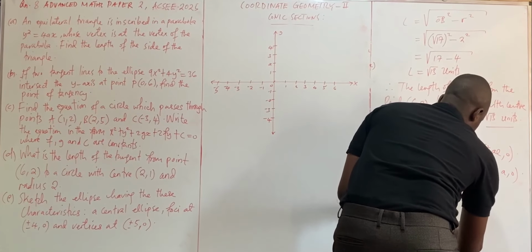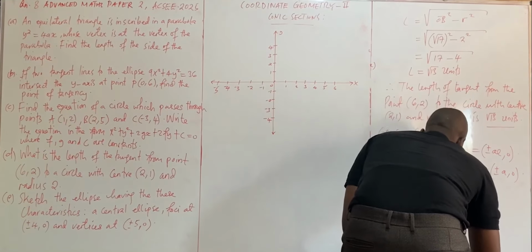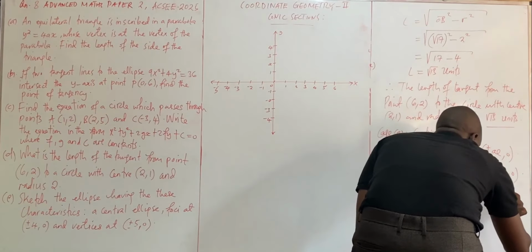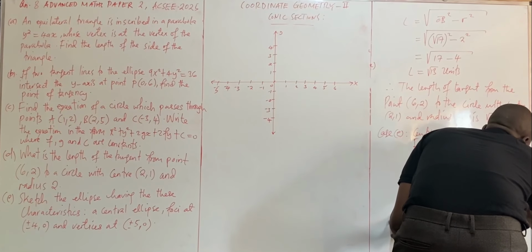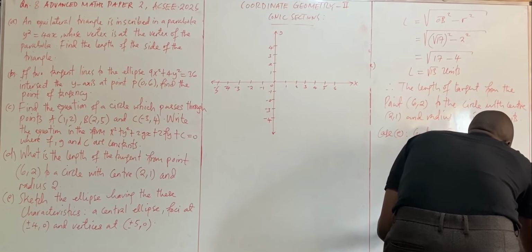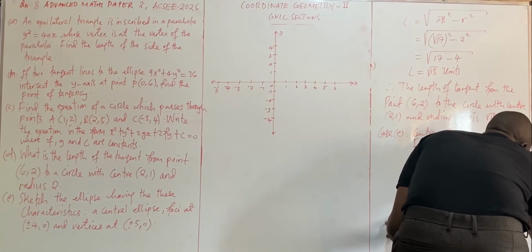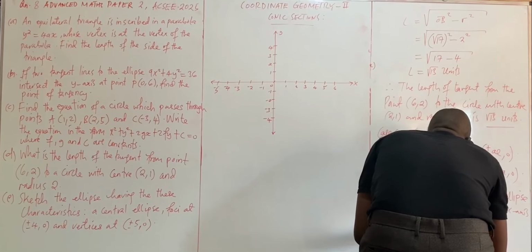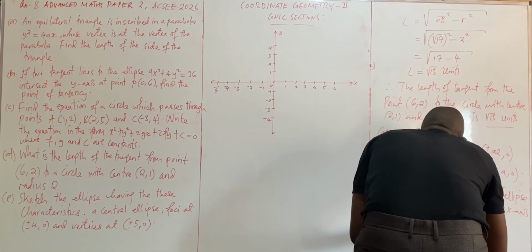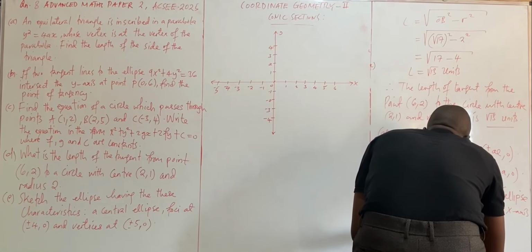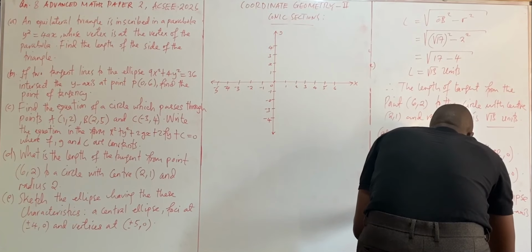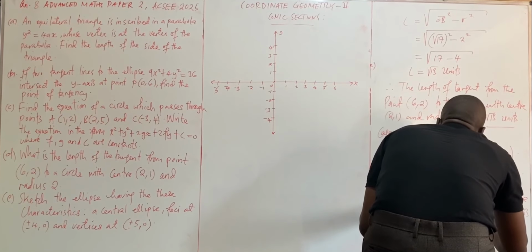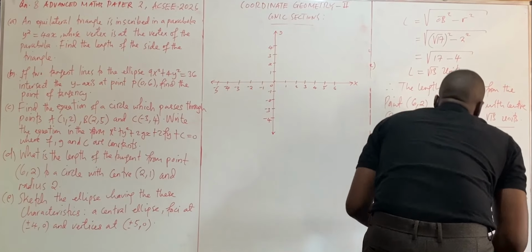So we'll end up getting the value of b. Because a is greater than b, it means that this is an ellipse along the x-axis. So if you compare here, we know our a here will be 5, and now b here will be 3.